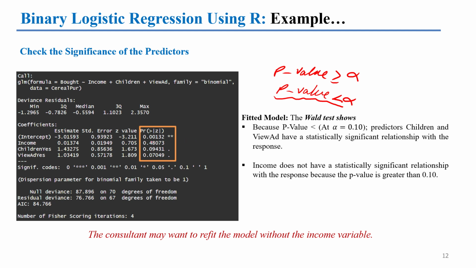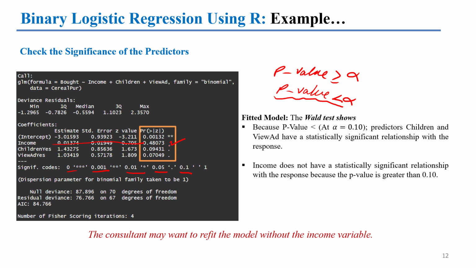As you can see, our income's p-value is greater than our alpha, where you can take alpha as 0.1%, or 1%, or 5%, or 10%.